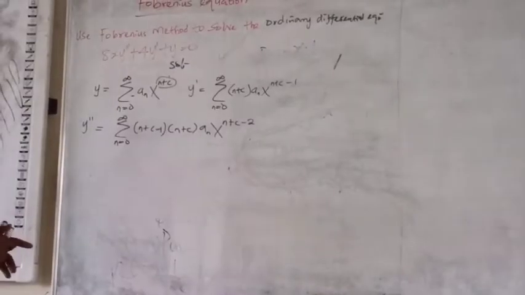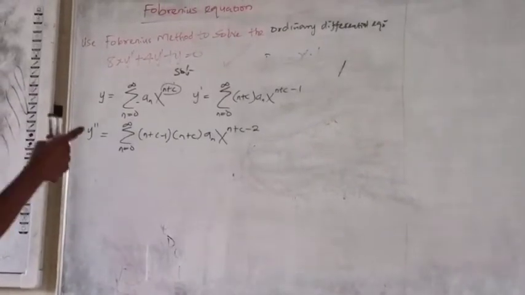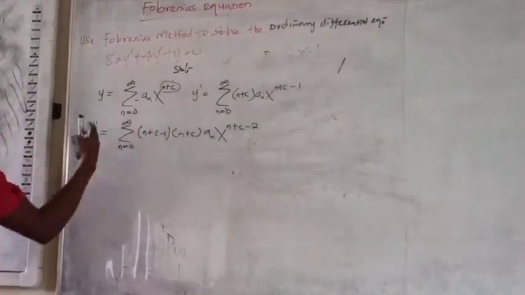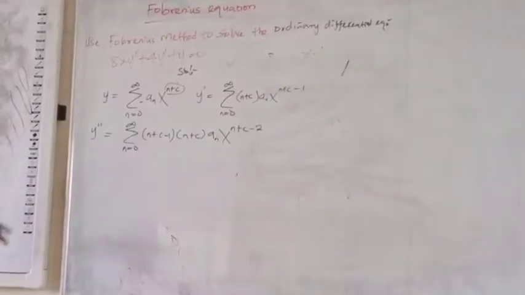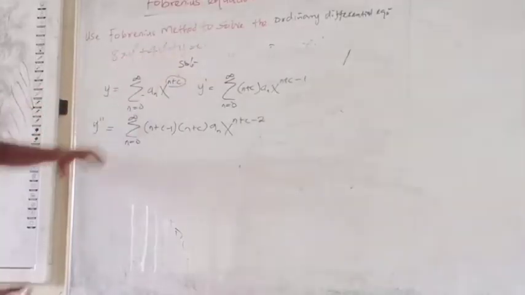So I'm to use the values of my y, my y prime, and of course my y double prime to substitute into this equation.